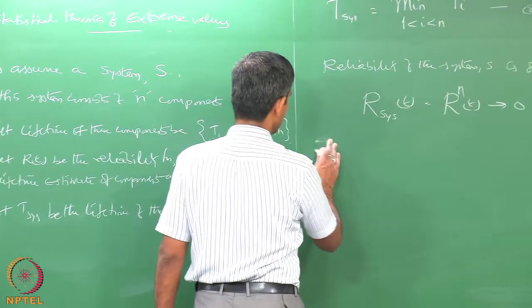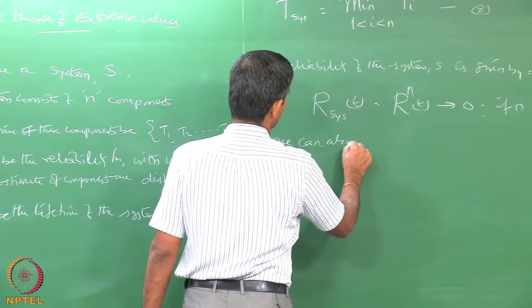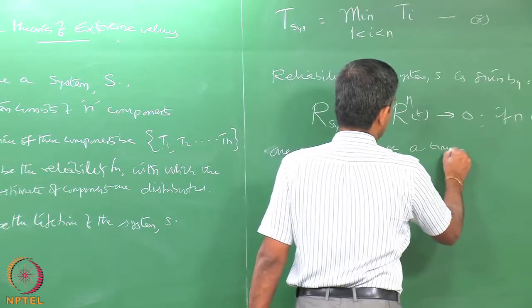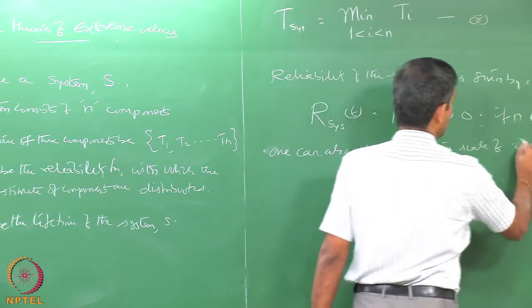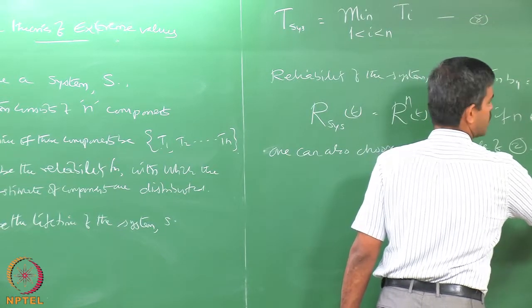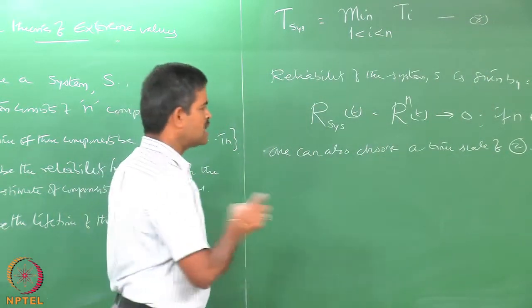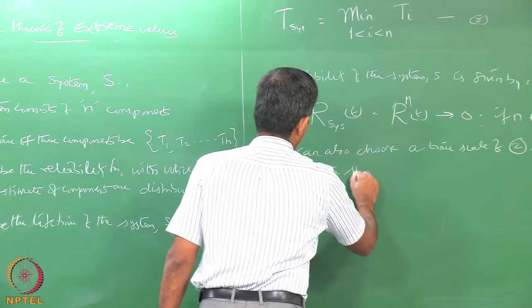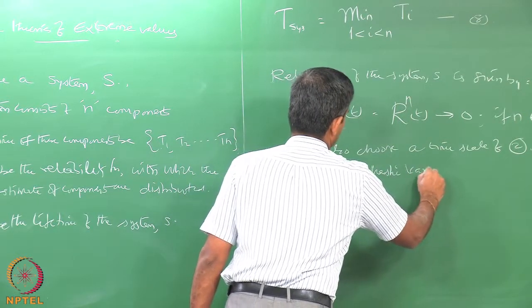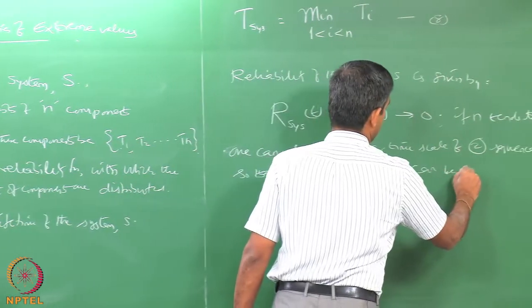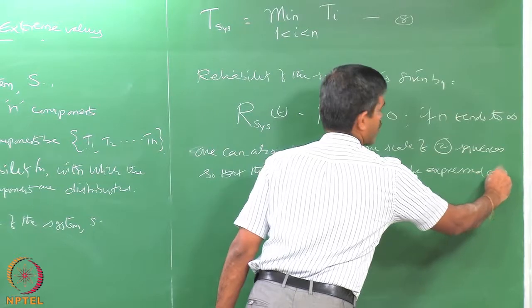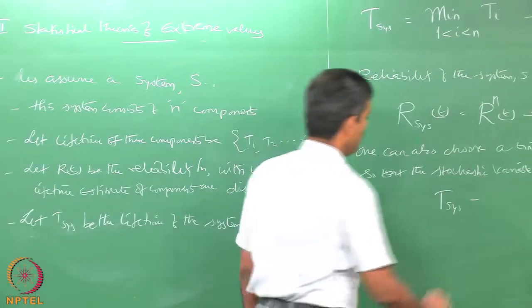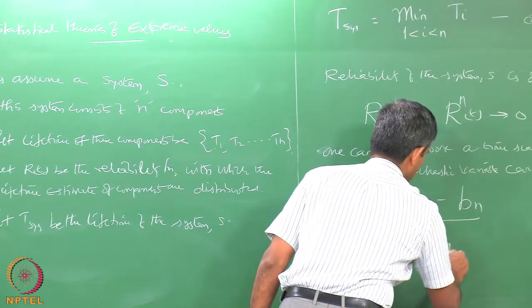So, one can also choose a time scale of two sequences so that the stochastic variable can be expressed as T minus Bn by An.